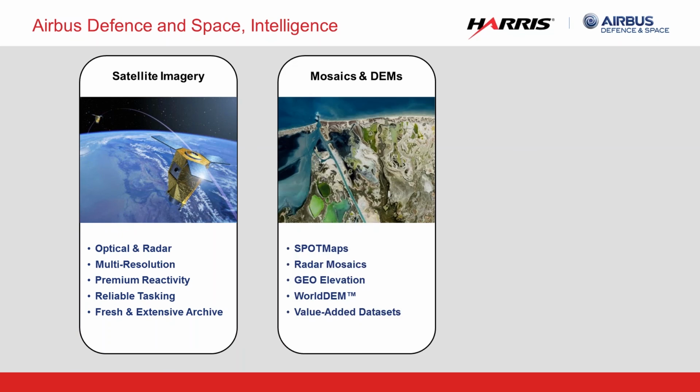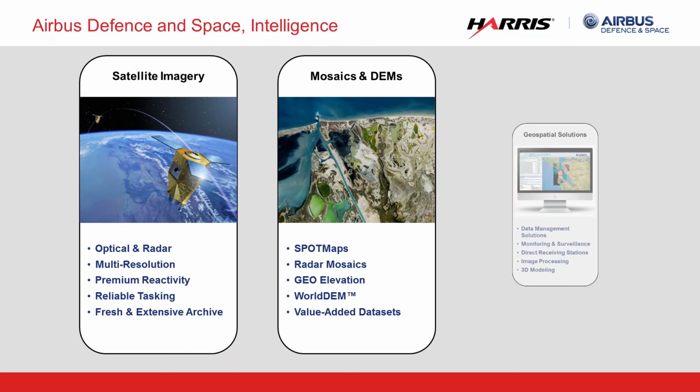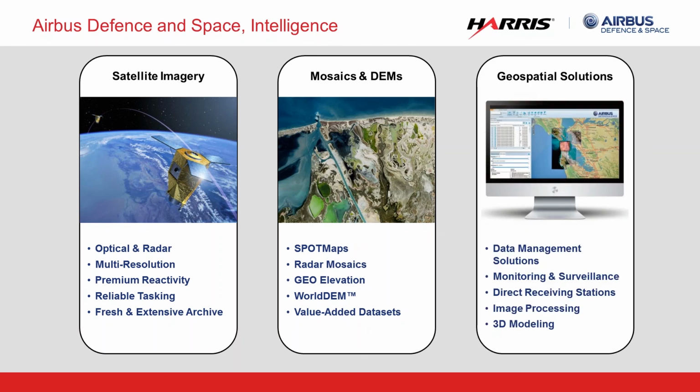We have the capability to produce mosaics, DEMs, digital elevation models. One of our turnkey products is the World DEM, and then also going on to the next one here, geospatial solutions. So a lot of customers are currently asking us for much more than just pixels.